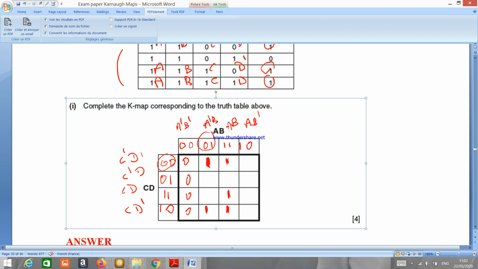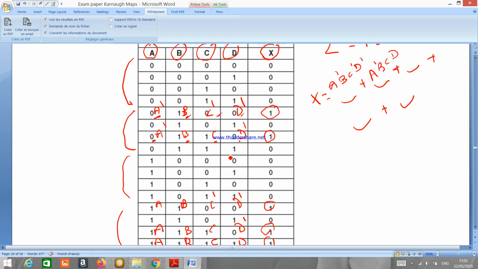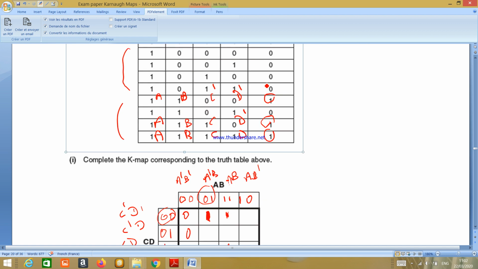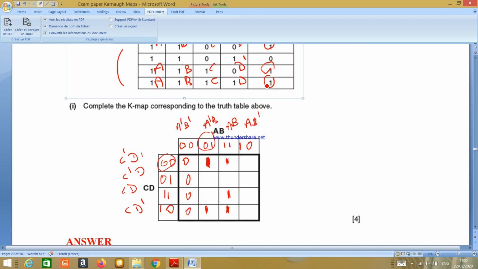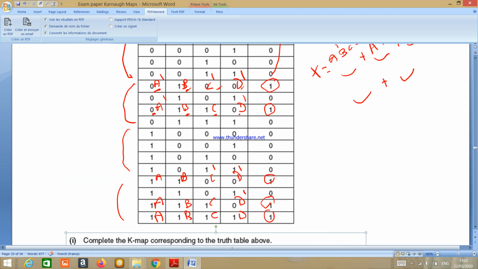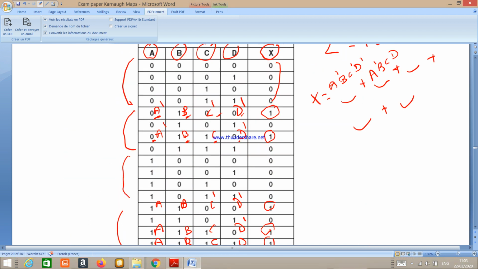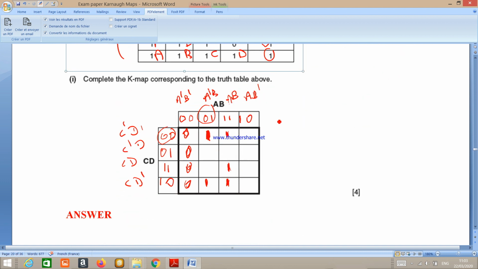Okay, let's look at it. So this is our 4, 0, 0, 0, 0. I have filled it like this. Again 0, 0, 0, 0. Then comes 1, 0, and 1, 0.